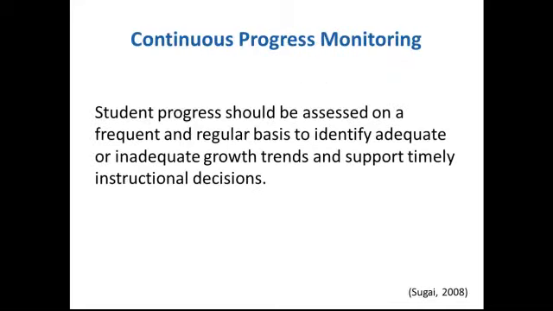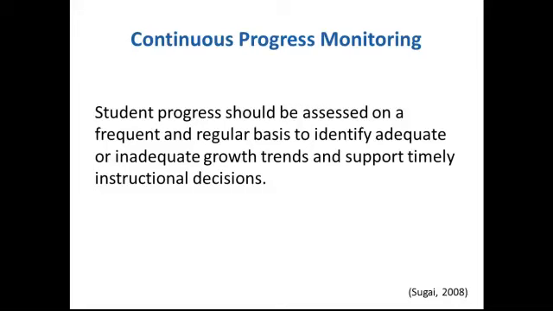Continuous progress monitoring is one way that we gather that data to make some of those decisions that were referenced before. And so students are progress monitored frequently so that we can make decisions instructionally and behaviorally that will benefit our students.